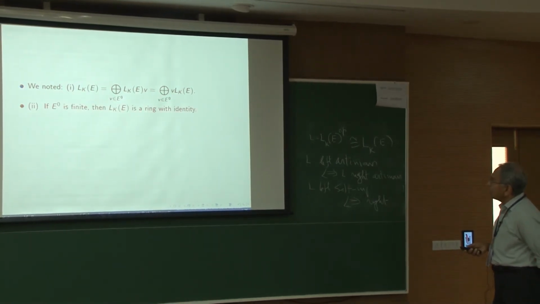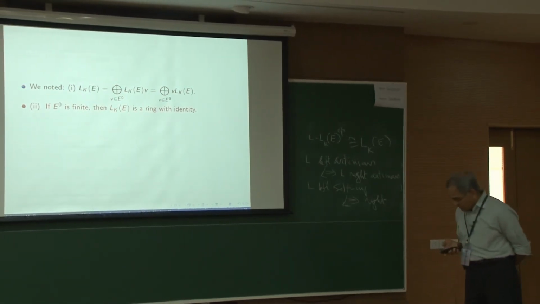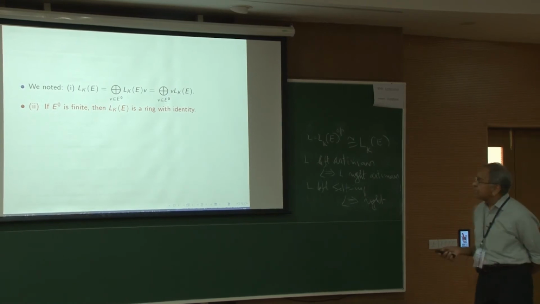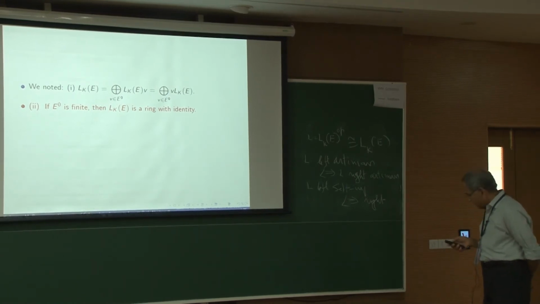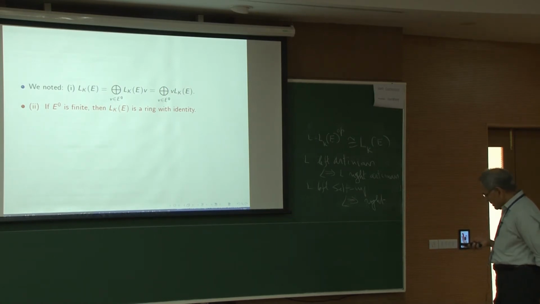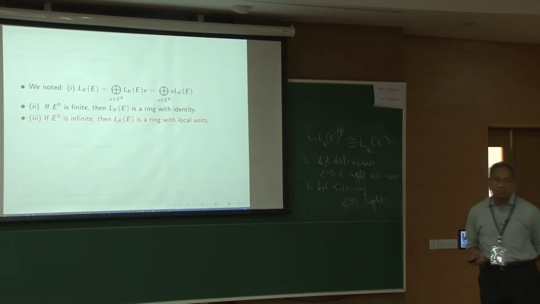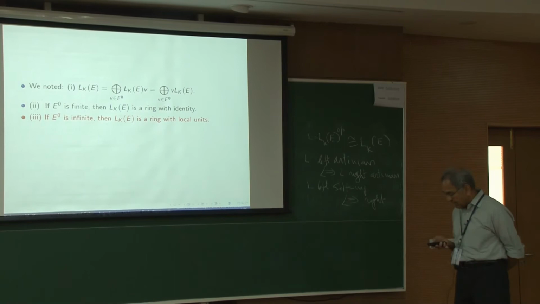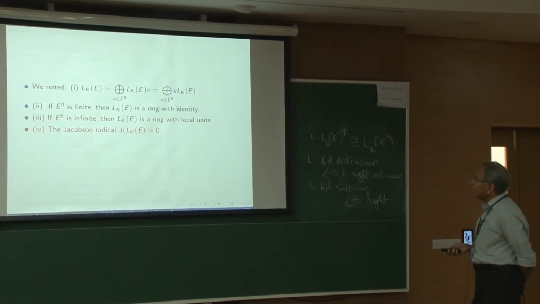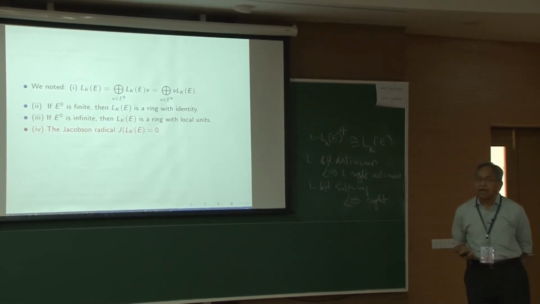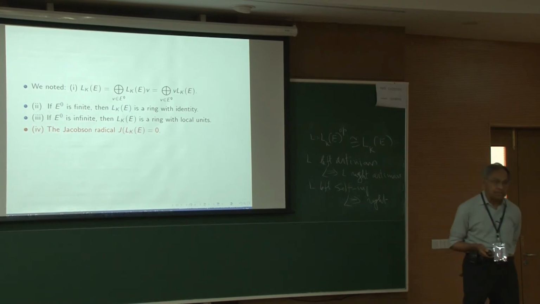And we noted that if there are only finitely many vertices, then the Leavitt path algebra is a ring with identity, and if there are infinitely many of them, then it is a ring with local units. Okay? And finally, the Jacobson radical of a Leavitt path algebra is 0.